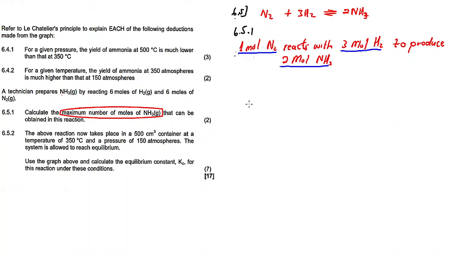Right? So in our case, the limiting reagent here will be hydrogen gas, since we react 6 moles and 6 moles, and hydrogen has the highest ratio, so it will be the limiting reagent. So all 6 moles of hydrogen will be used, and then of the nitrogen only some of it will be used.